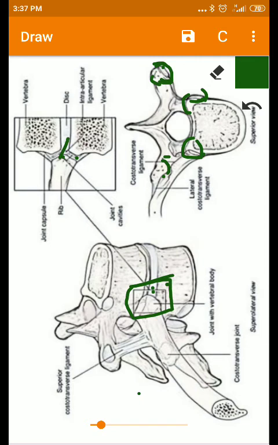So this is a plain synovial joint, covered by a synovial membrane. This intracapsular ligament divides the joint cavity into two cavities.